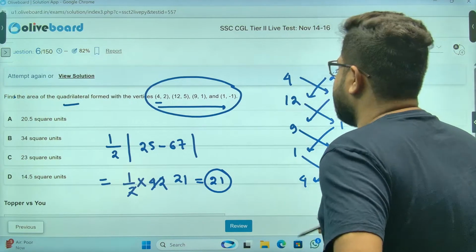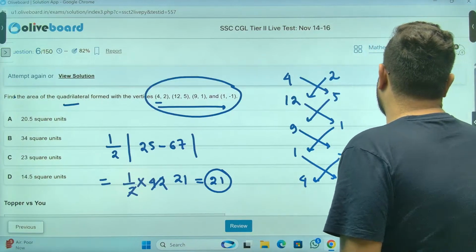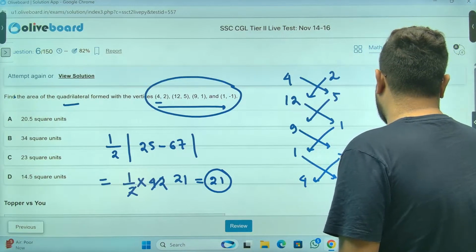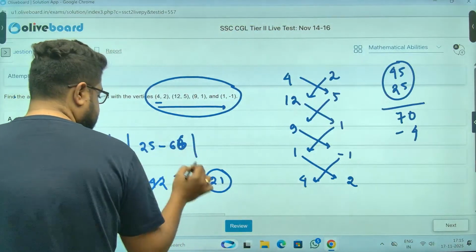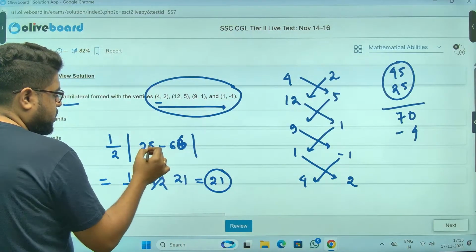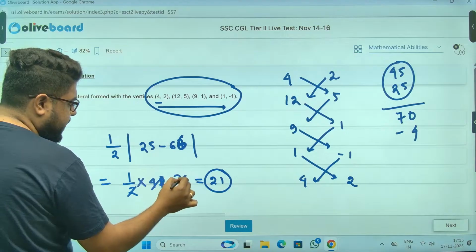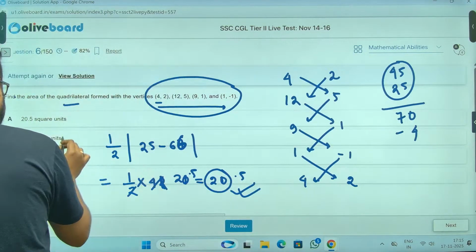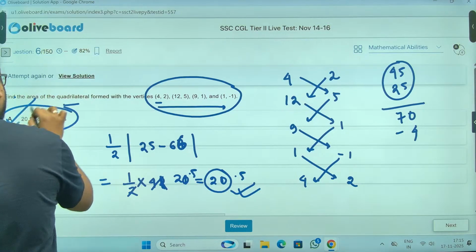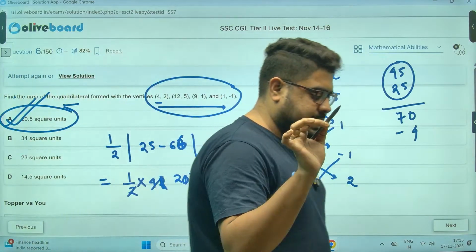This is 70. Yes, I made a mistake, sir. 70 minus 4 is 66. Oh man. It will be 66, so that means it will be 41. So 20.5, sir, will be the answer. Option number A. My mistake in calculation.